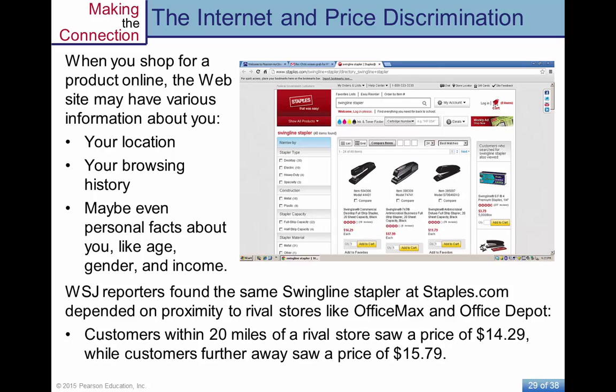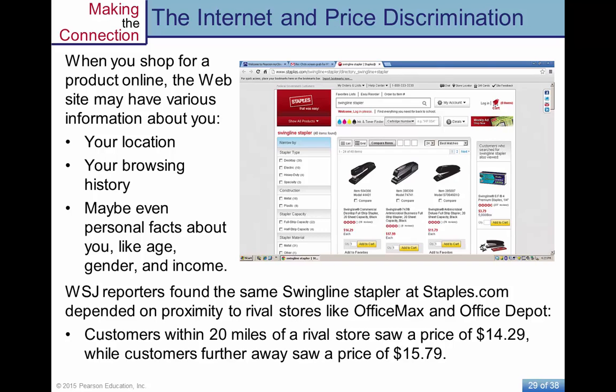The internet and price discrimination. When you shop for a product online, the website may have various information about you: your location, your browsing history, maybe even personal facts about you like age, gender, and income.